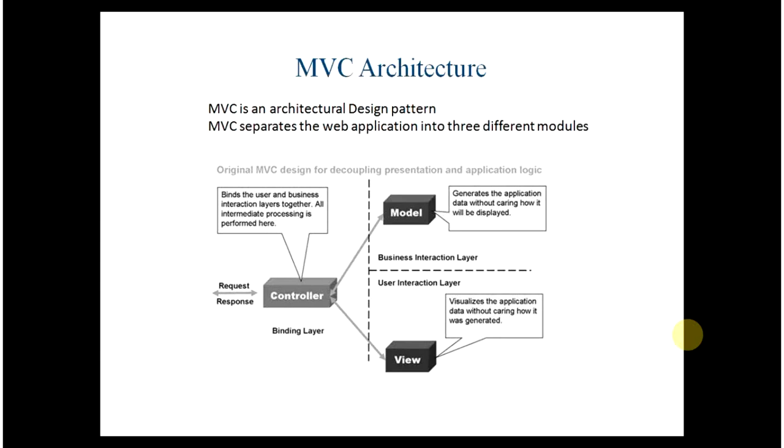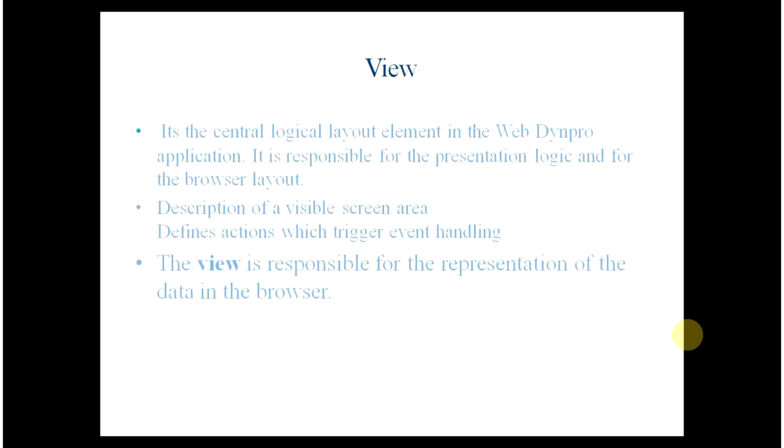Then the controller will format the data and present it to the view, and the view will ultimately show that output to the user. So the controller acts as intermediate processing, interacting between the model and the view. The request is taken and the response is given.